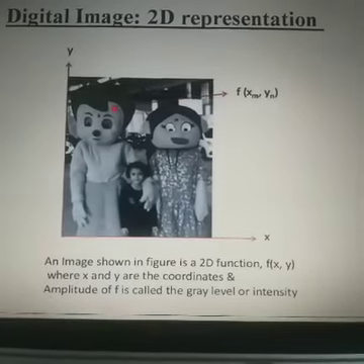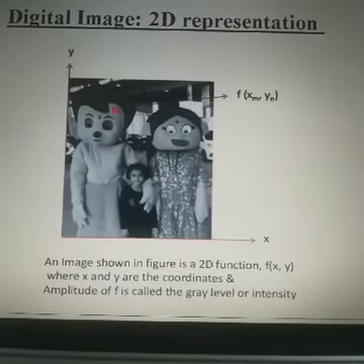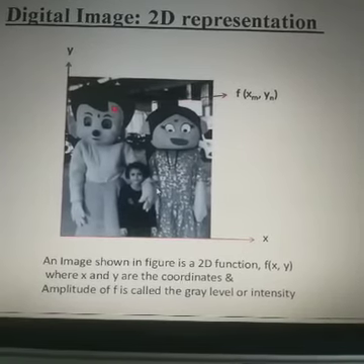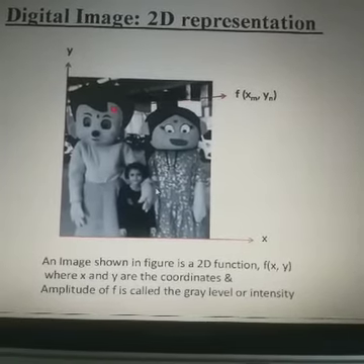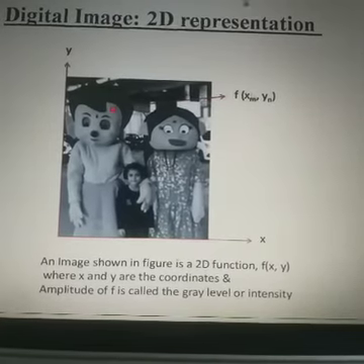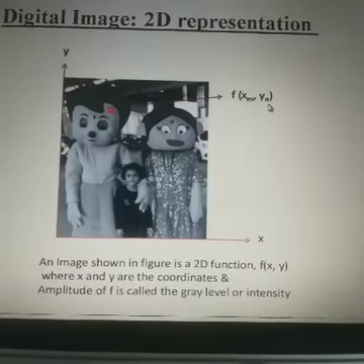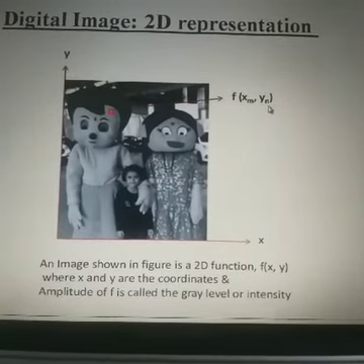This is the simple representation of a two-dimensional digital image. Here the plane contains two coordinates, x and y. X and y coordinates are also known as the spatial coordinates, and at some point (xm, yn) there is a value, which means they are the gray level values or the intensity values.